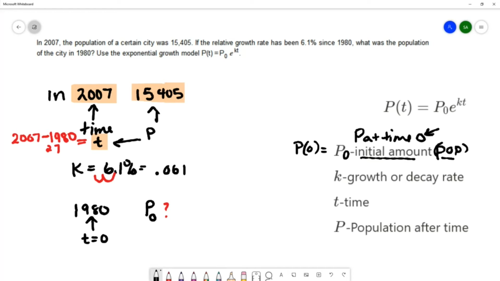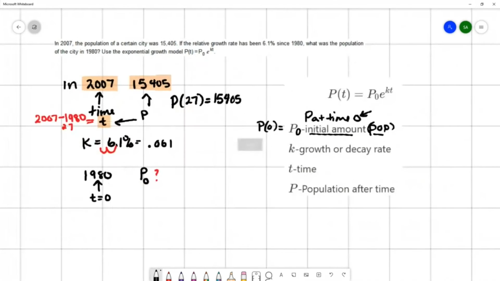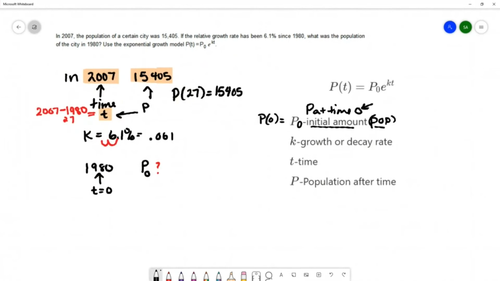So in 2007, we have a population of 15,405. P of 27, the population 27 years after 1980, is 15,405. I think we have enough information for us to substitute some values into our model and solve for our missing population.